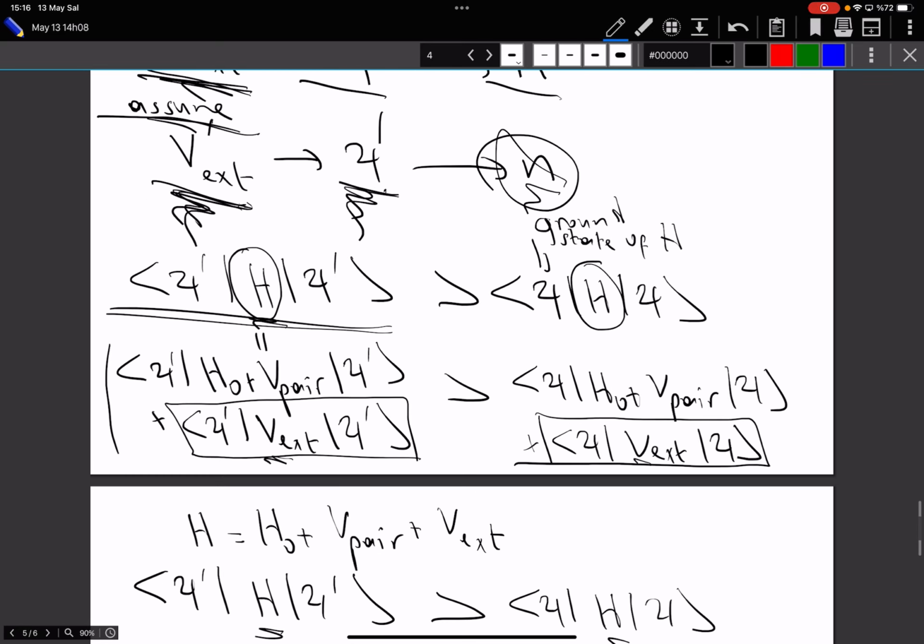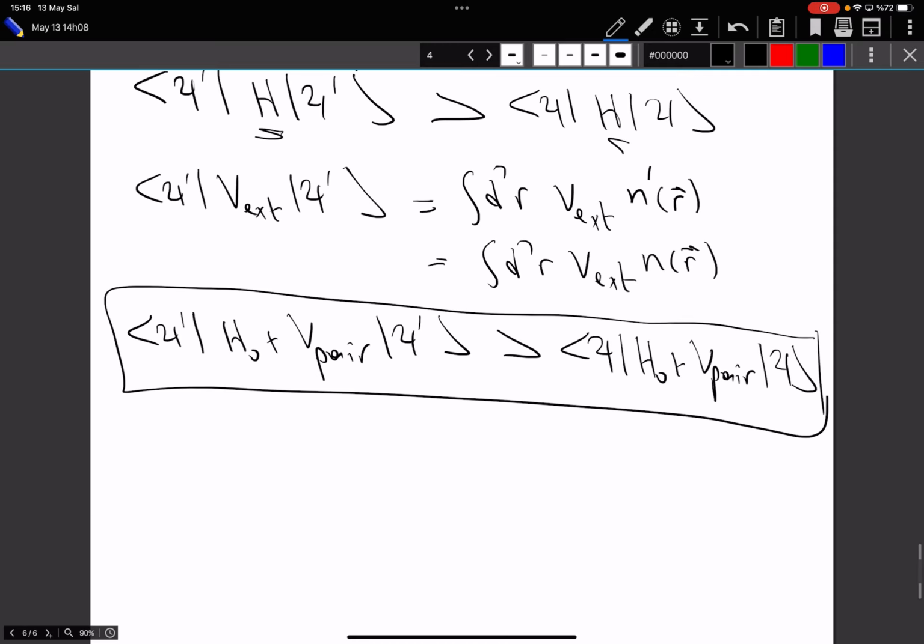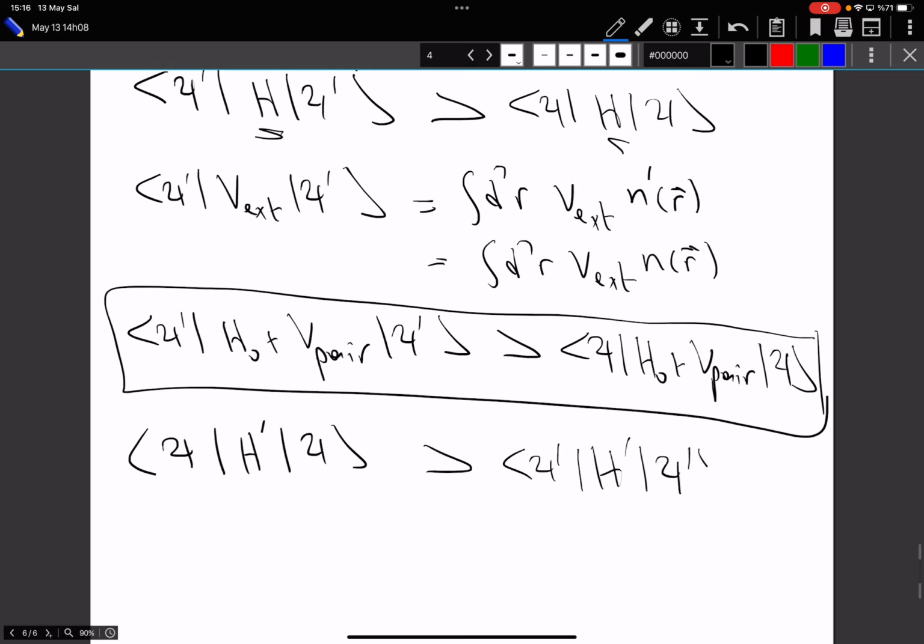Why did I look at the matrix element of H? Well, I can do the same exercise with H prime. Remember, H prime, let me look at this matrix element. Psi is not the ground state of H prime. Psi is the ground state of H, not H prime. Psi prime is the ground state of H prime. So I have this inequality. I will basically do the same thing.